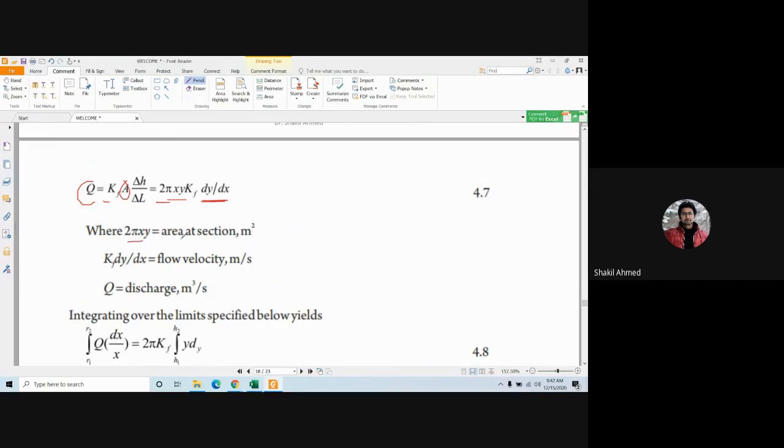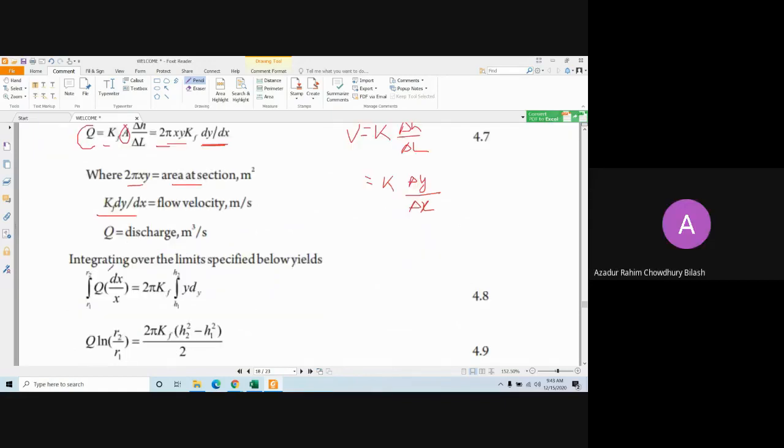Twice pi XY is the area at the section, and flow velocity, K into delta H by delta L, you can write as K dy by dx. Clear? Yes, sir.